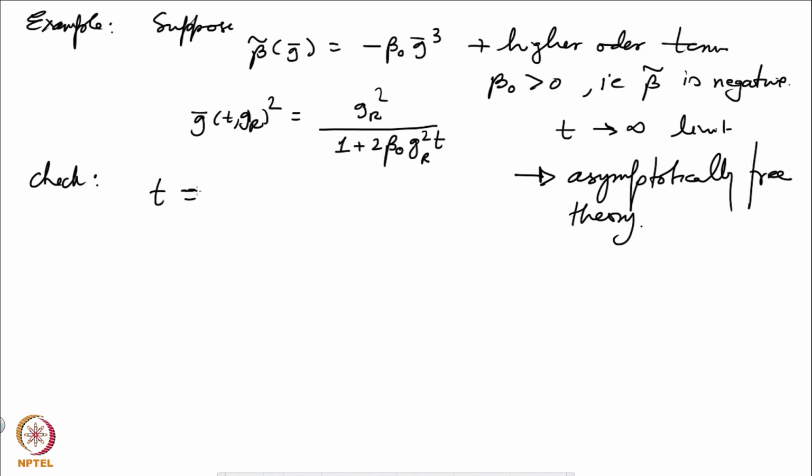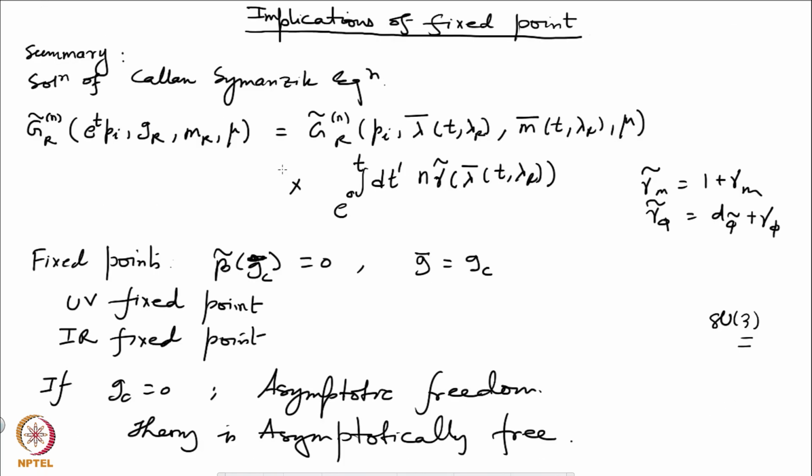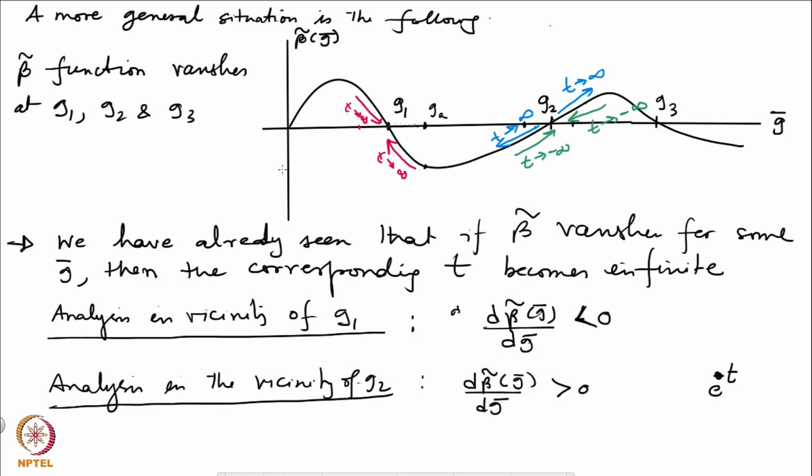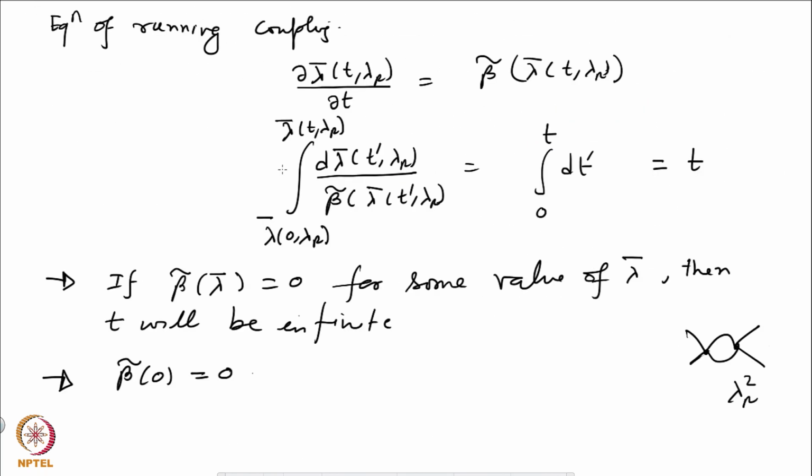We have already done that integral, and we had written that t is the integral of d g bar over beta of g bar, and you integrate from g r to g bar. And this is an expression I had shown you earlier, right?